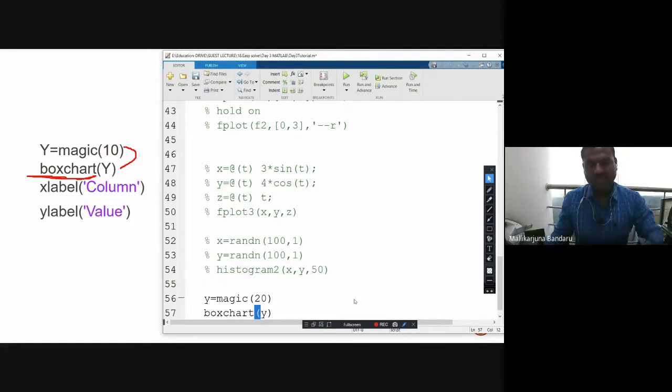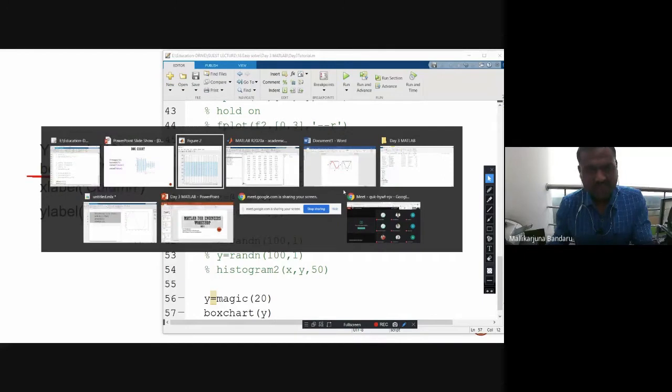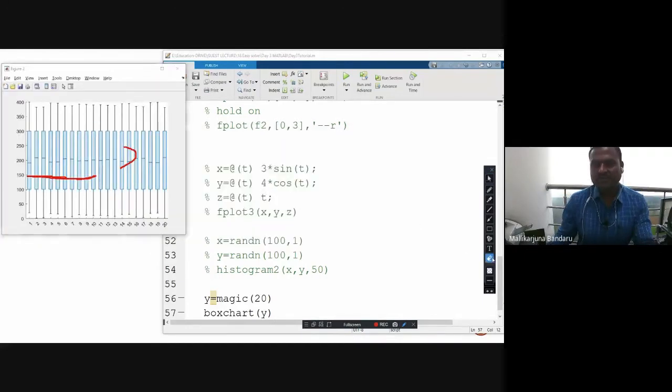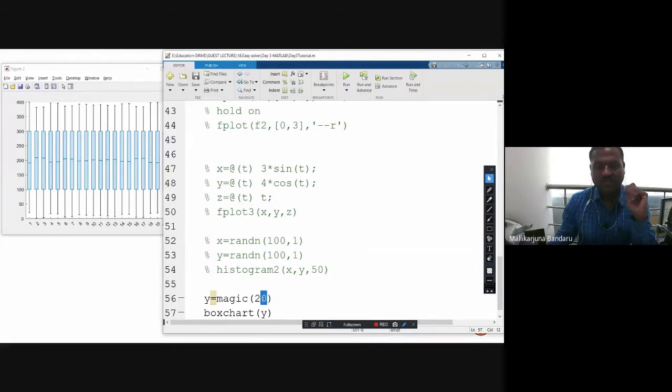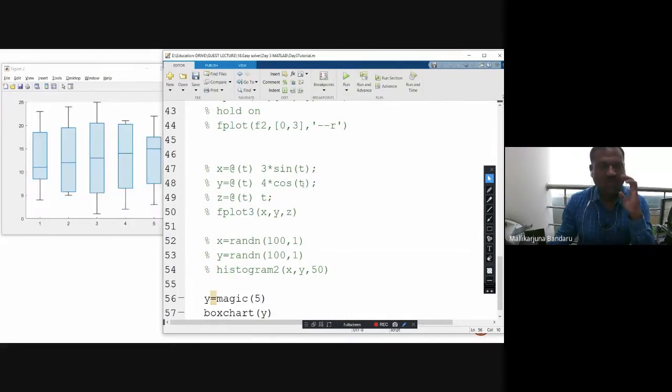These are huge values, so that's why we'll get a larger number of box plots. If you change it to only a 5 by 5 matrix, only 5 will appear.